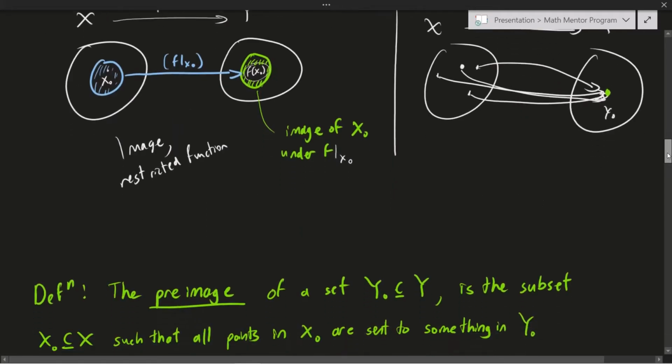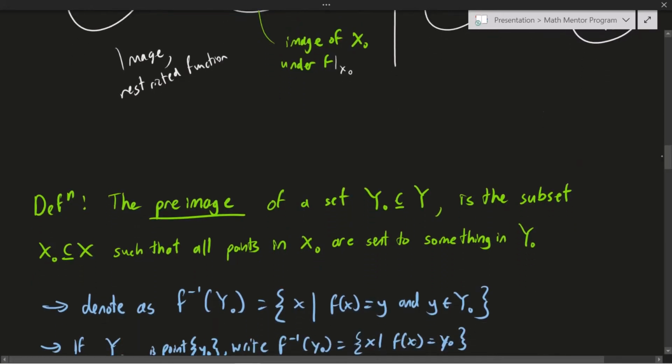We're going to consider all these cases by creating a new definition called a preimage, which does exactly what we want. A preimage is defined in terms of a subset of the range Y, and it, in turn, is a subset of the domain, such that every single point inside this new subset is sent to something in Y naught.